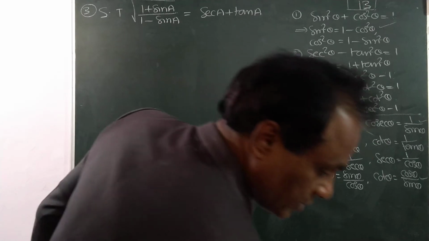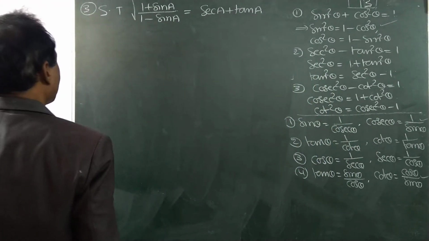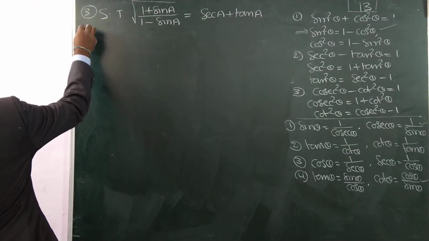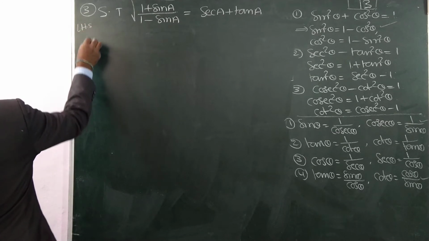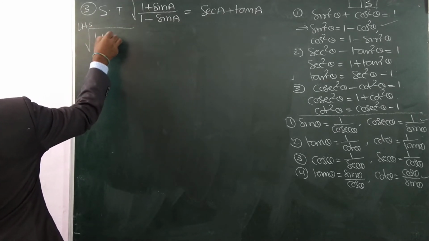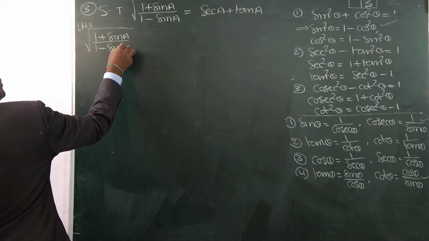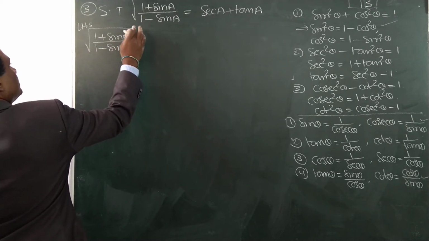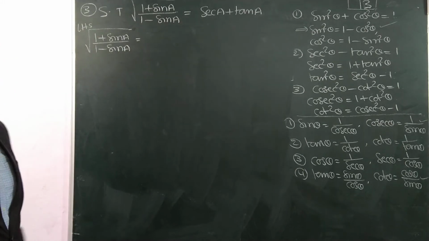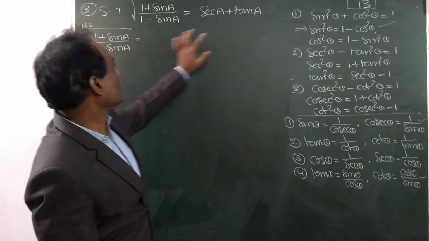See this carefully. What is the left hand side? The question is 1 plus sin a by 1 minus sin a. How to simplify and how to get this?